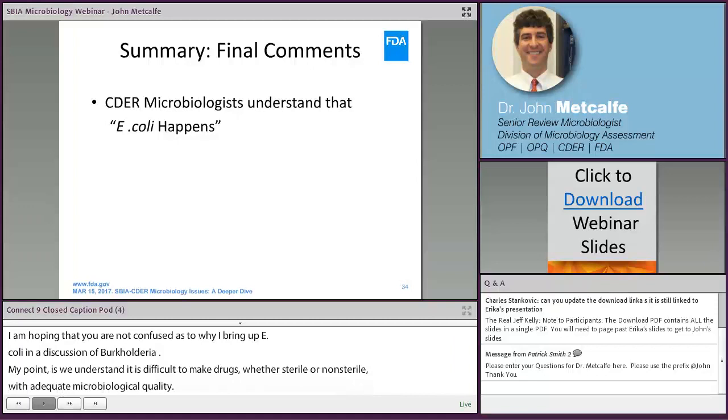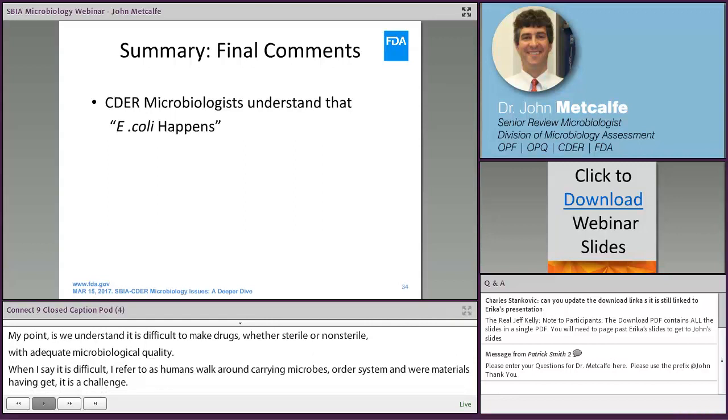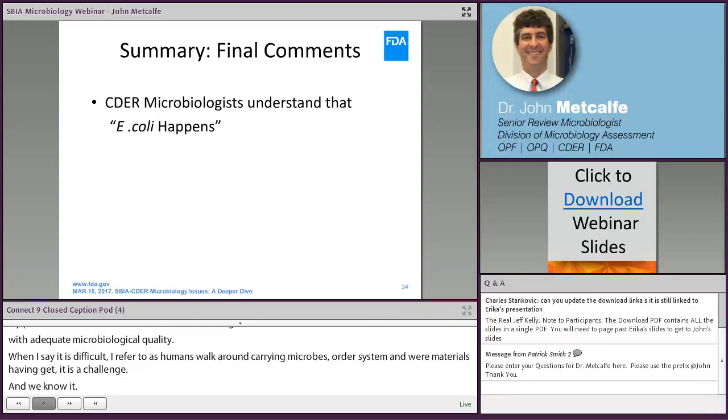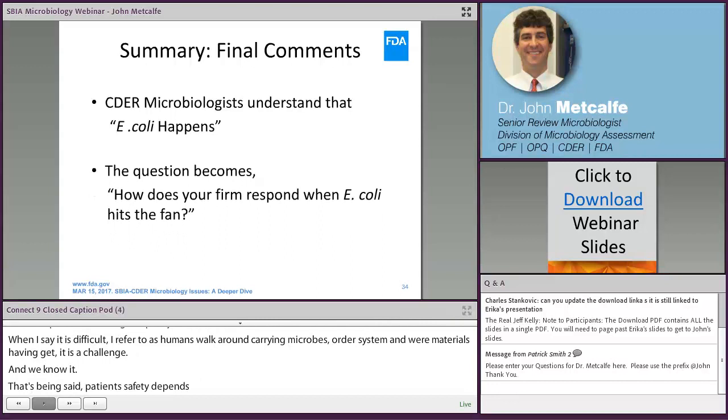It is a challenge. We know that. That being said, patient safety depends on drugs with appropriate microbiological quality, whether that's a non-sterile drug or a sterile drug.